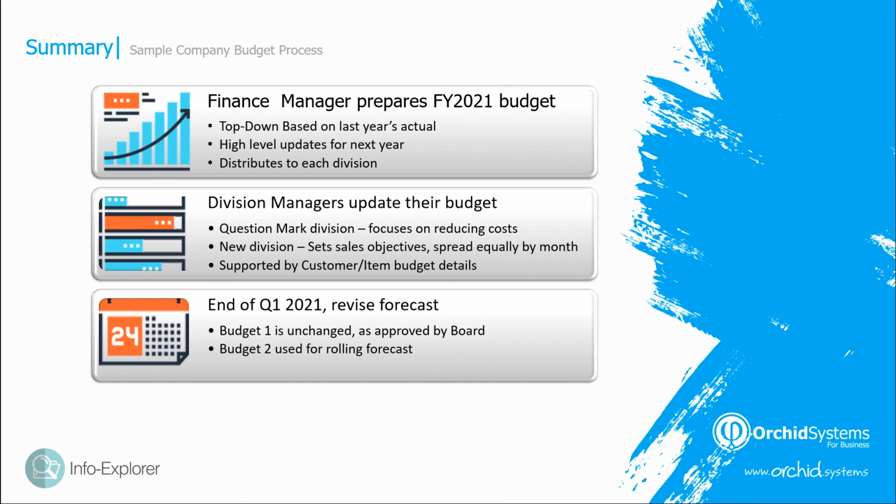At the end of Q1 2021, we can revise the forecast. The budget 1 as approved by the board is unchanged, and we use budget 2 to add our actual where they're completed with the new budget.